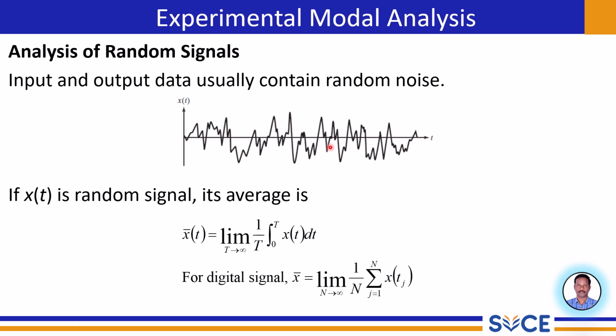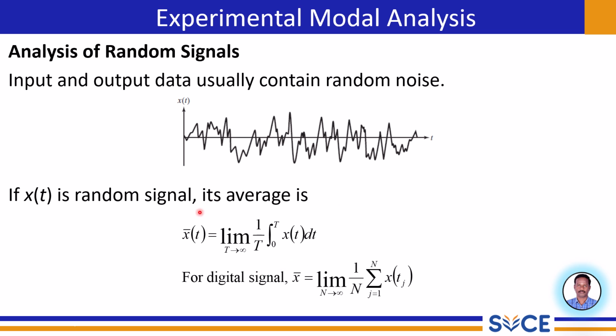Given that random signals fluctuate unpredictably, a key parameter for characterizing them is their average value. The slide provides the definition of the average of a continuous random signal x of t as the limit as T tends to infinity of 1 over T times the integration of x of t dt.